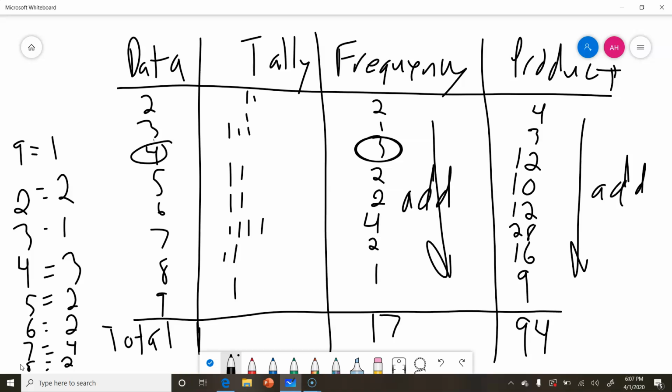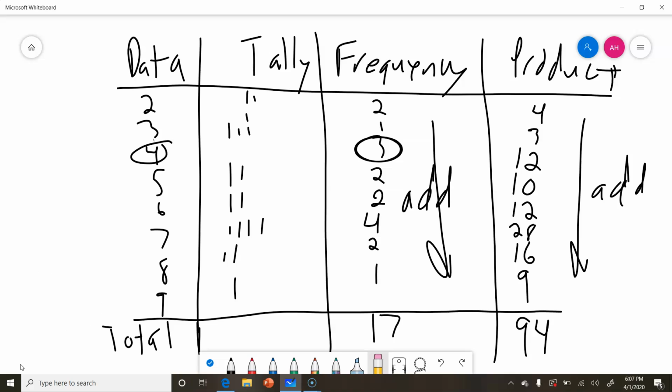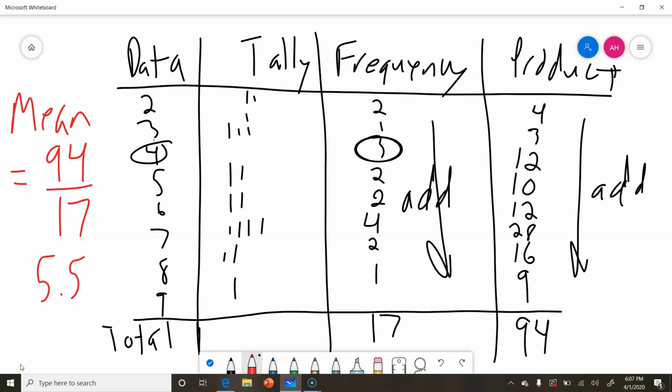So what is my mean? Let me erase this side now that we're done with it. To find the mean, remember that it is 94 divided by 17, and 94 divided by 17 is 5.53. So that's our mean.